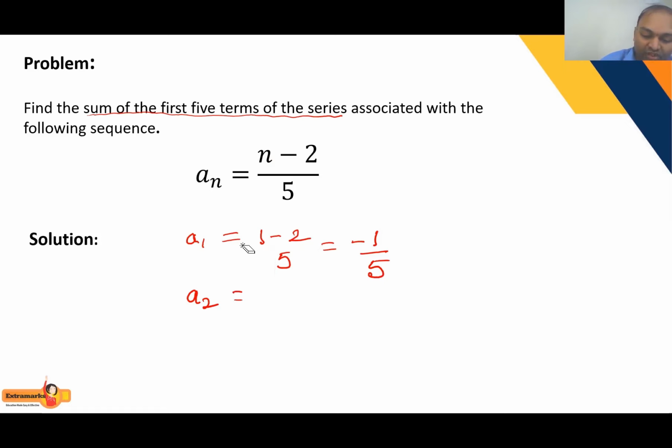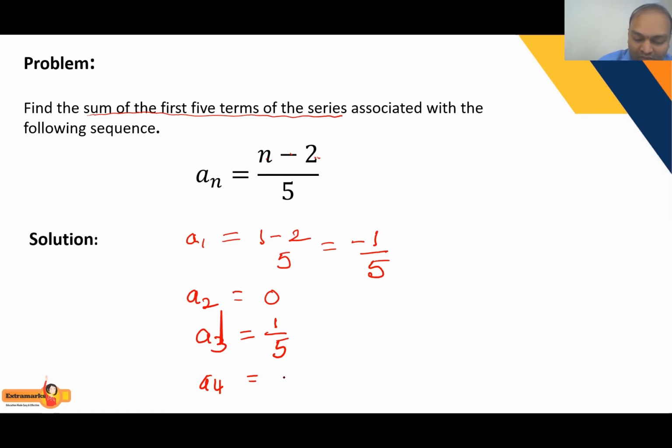Then coming to the next one, the third term, put n is equal to 3. A3 is equal to, n is equal to 3, substitute, 3 minus 2. 3 minus 2 is 1. So 1 by 5. The next, put n is equal to 4. 4 minus 2, 4 minus 2 is 2.